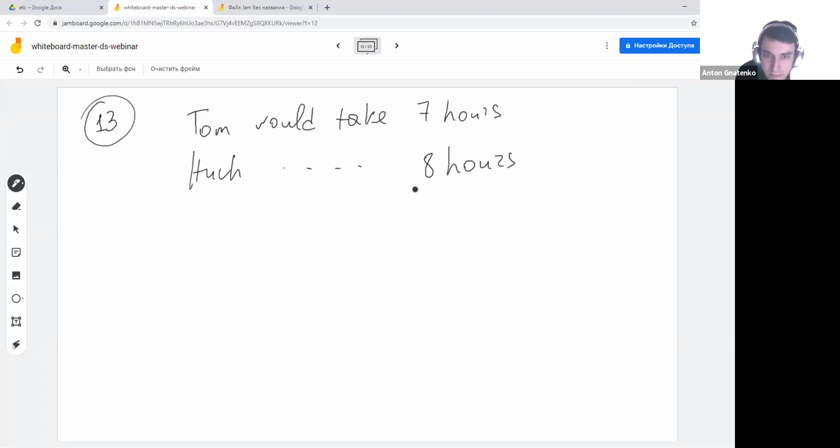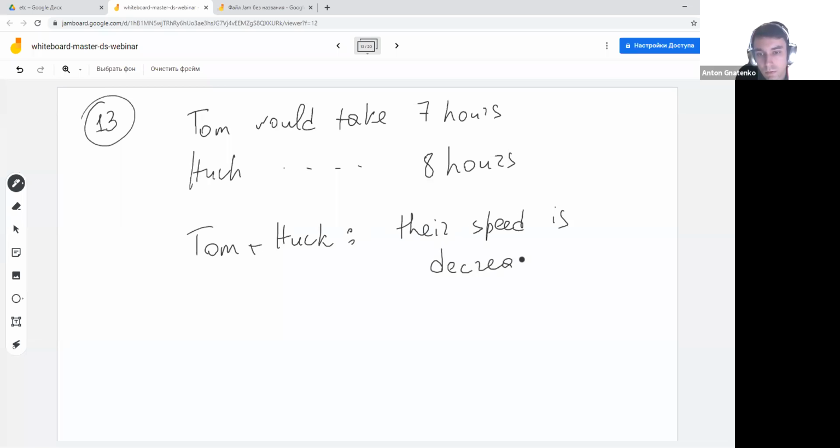But they work together, so their painting speeds are combined, but they talk a lot. And when they work together, their speed is decreased by 2 or by 3. By 3.